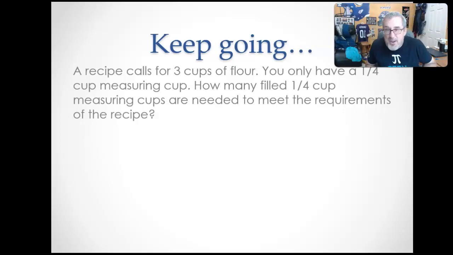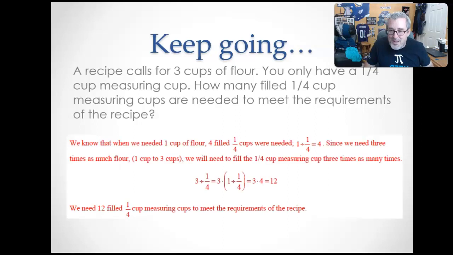It would take me 12 of those scoops in order to get to 3 cups of flour. And that's what I have here. So 3 divided by 1/4. Now, how many 1/4 does it take to make 1? 4. I need to do that 3 times. Notice, 3 copies of.